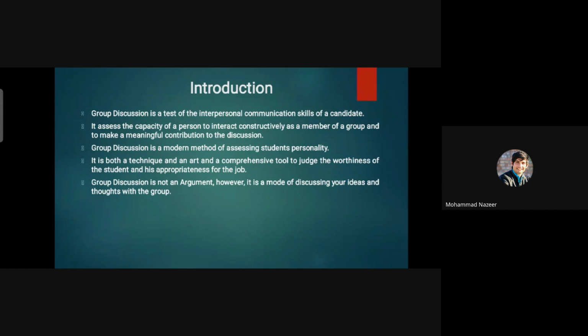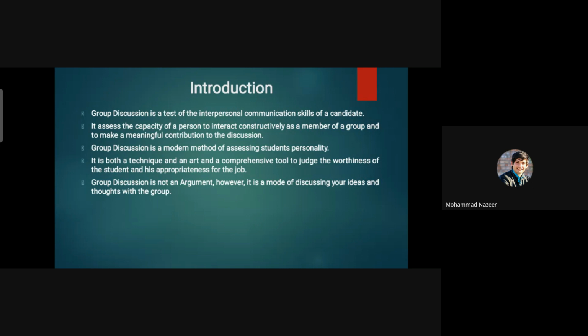A group discussion can be considered as a test of the interpersonal communication skills of a candidate. It is considered as your interpersonal, not intrapersonal, skills. As I was telling you earlier also, what are your leadership qualities? That is something which is required in a group discussion.